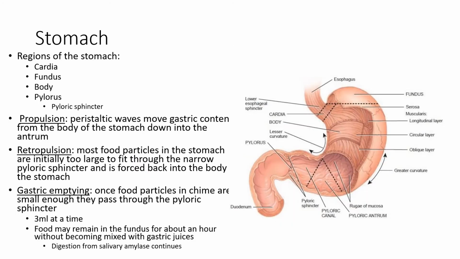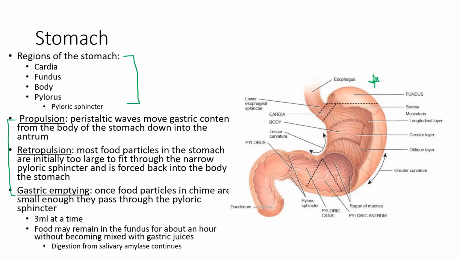This slide starts with some structures that we have already gone over on the last slide, but it does label these structures out a little bit better on this graphic if you want to take a peek at that. Mainly what I want you to get from this slide is going to be these three functions and how these functions occur.